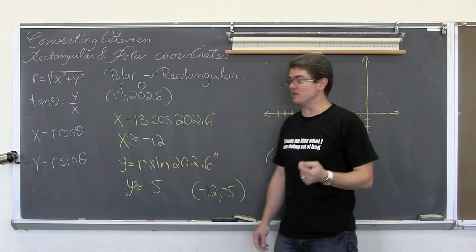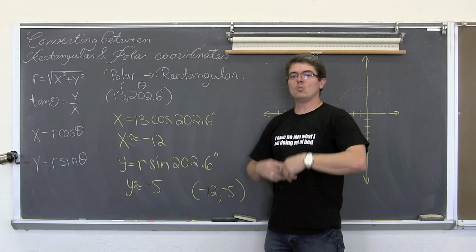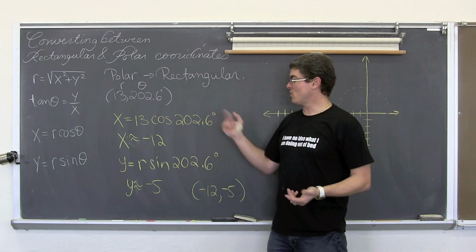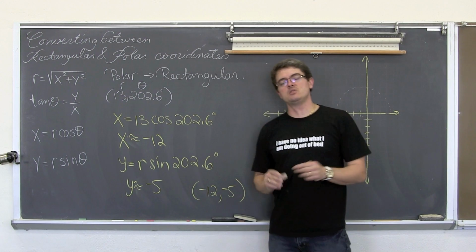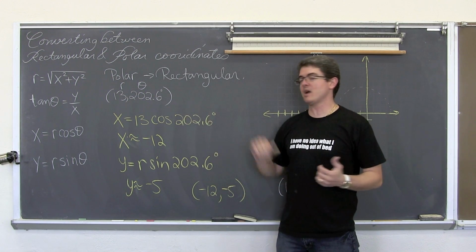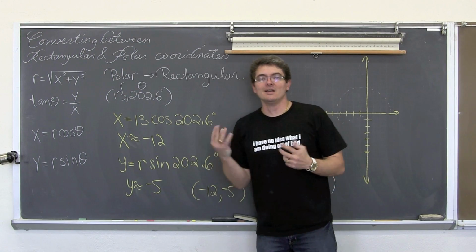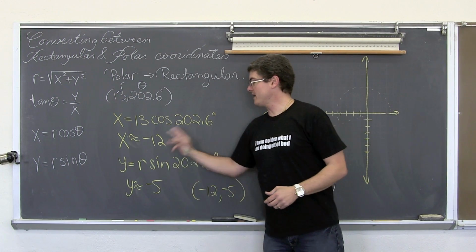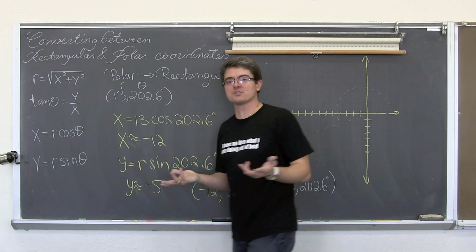So no matter what you put in there, whether it's 30 degrees, 150 degrees, 240 degrees, or 202.6 degrees, you are going to get that one answer that you need because the cosine graph is a function, and so is the sine function. So whatever we get out of our calculator is going to be, of course, correct.